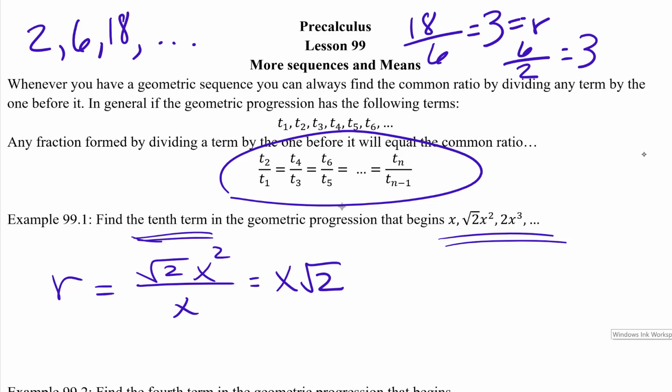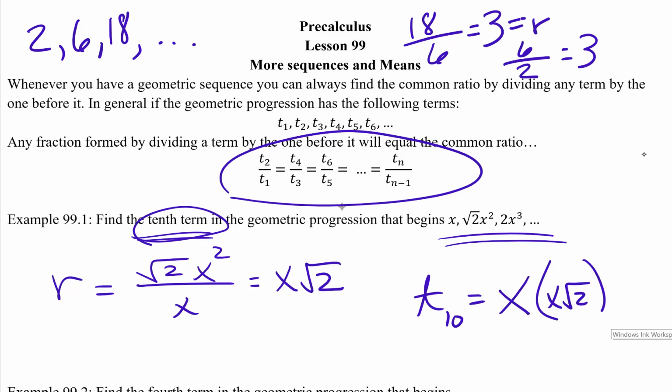And the question says to find the 10th term. Remember, the 10th term of any geometric progression is equal to the first term, which is x, times the common ratio, which we just found is x times the square root of 2, raised to the 9th power. It's always one less than the term number. So I've got x times x to the 9th times 2 to the 9 halves.